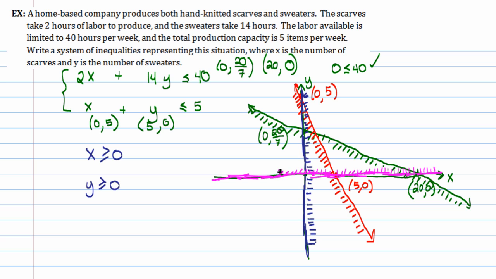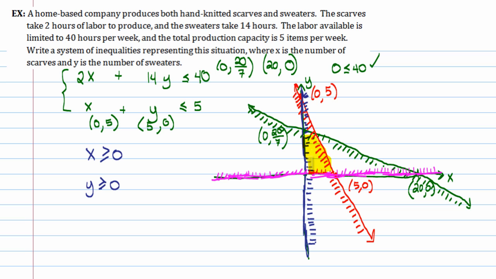Now you have quite a few regions here, but there's only one region that has a common shading, where green, red, purple, and blue shade, and that's this region in here. So let me just go ahead and pick a harmless color like yellow for the shading. Okay.